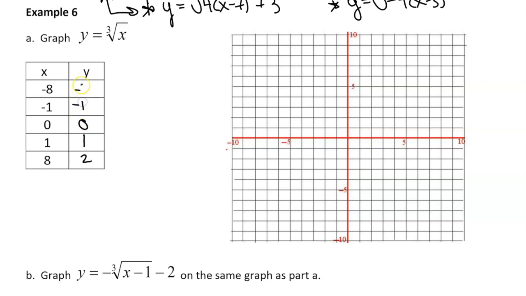This would be -1 and -2. And then quickly we could plot what that would look like. So you would have 1, 1 and 8, 2, and you would get something that would look like this.